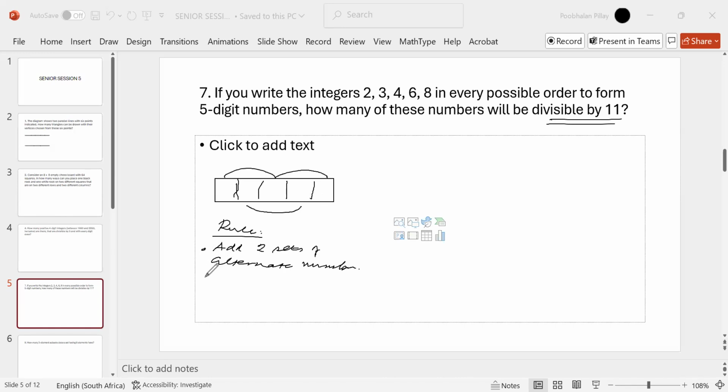That's the first thing. Subtract those two numbers.